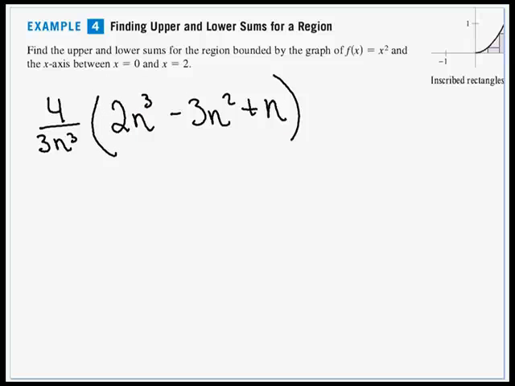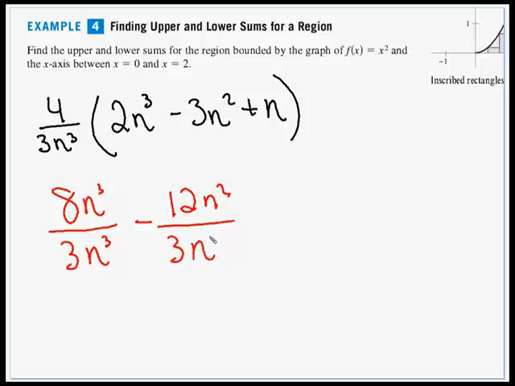Now if we go back and distribute this, we're going to get 8n to the third over 3n to the third, minus 4 times 3 is 12n squared over 3n to the third, plus 4n over 3n to the third. And we are going to have some stuff cancel. The n to the thirds are gone.